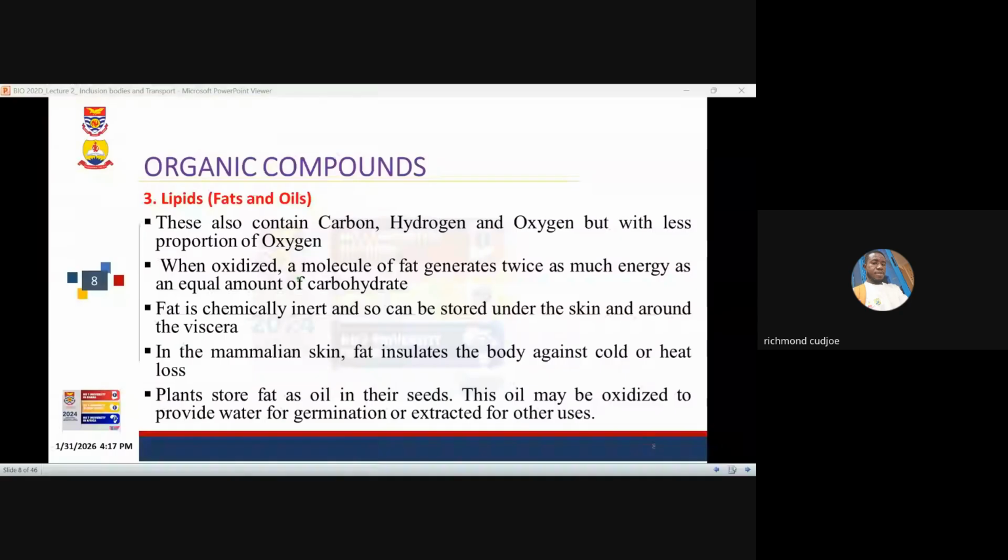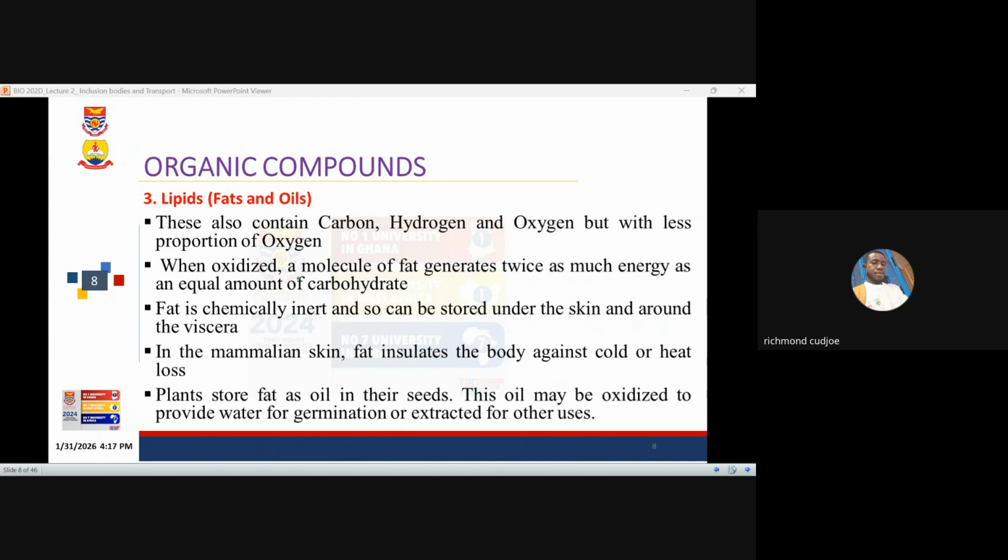The difference between fat and oil is that fat is obtained from animals, and oil is obtained from plants.